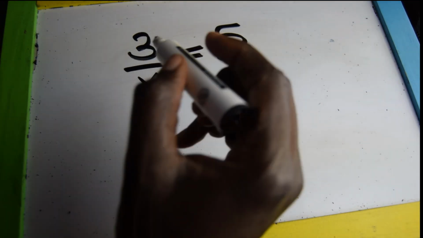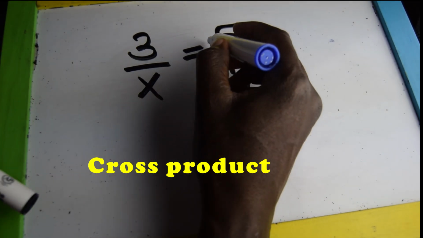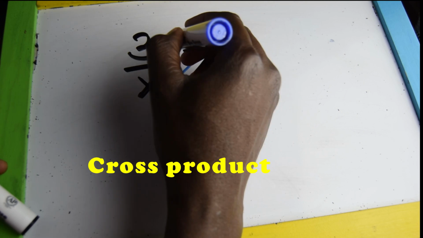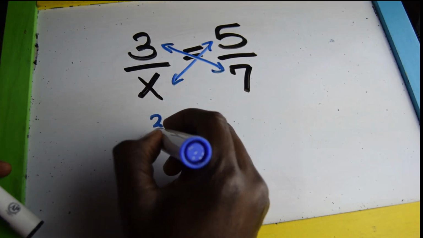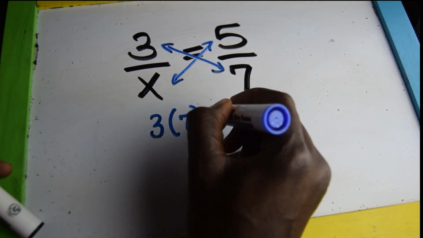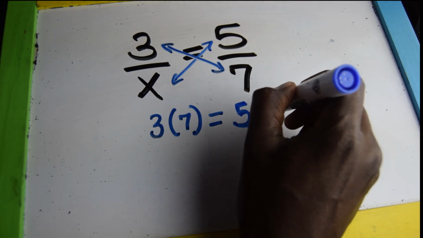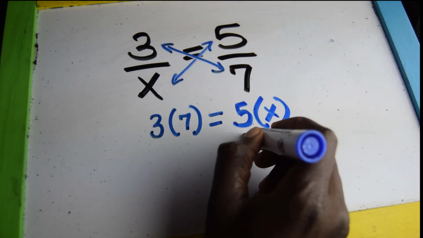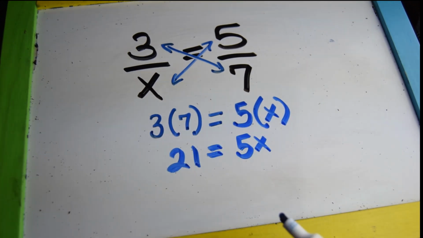Instead, I'll use cross multiplication. So 3 times 7 equal to 5 times x. So 5x equals 21.